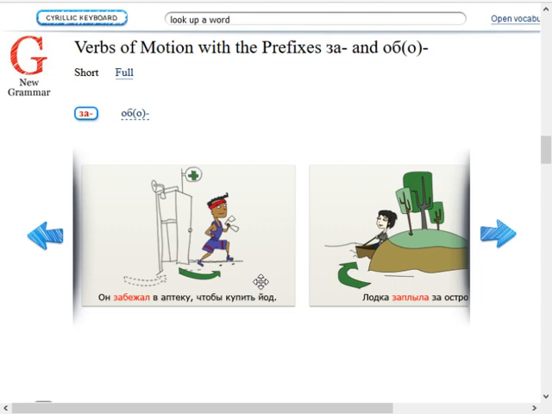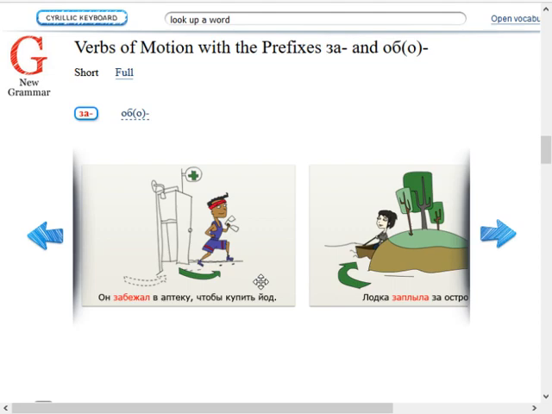I should know what йод is, but is that iodine? In Western countries, you very rarely buy iodine, or at least I've never heard of somebody buying iodine in a drugstore. It's just not something that is really commonly used these days in the West, but it might be. Yeah, it is iodine.